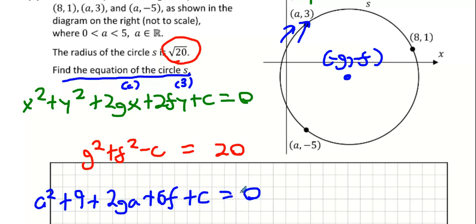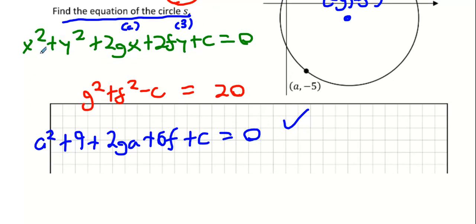This is an awful question. It's very difficult, right? But we're just going to show you how to even attempt it would be good. Okay, I've done one of the equations, right? What about the next one? Try 8 and 1. So what do we do here? Replace x with 8 and y with 1. So what's 2g times 8?